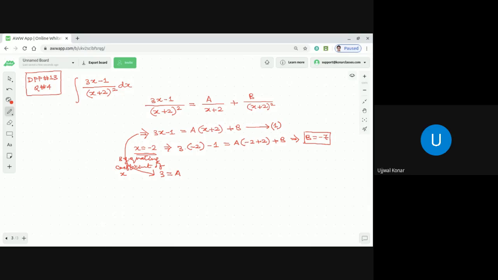Why substitute the value of b equal to minus 7 when there are other avenues to find the value of a so quickly? In fact, we found the value of a within seconds, correct or not? Yeah, I got confused. Okay, understood. Now I think you can proceed. Yes, sir, I can do it.